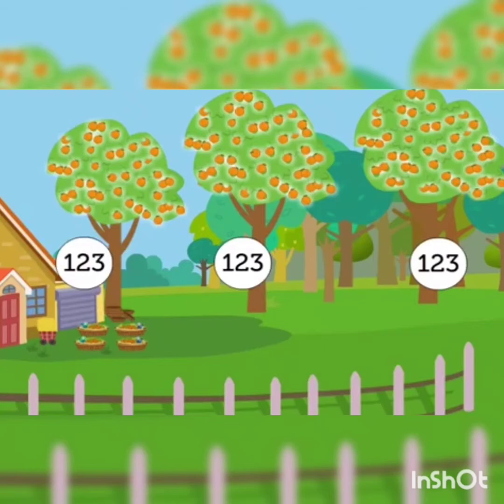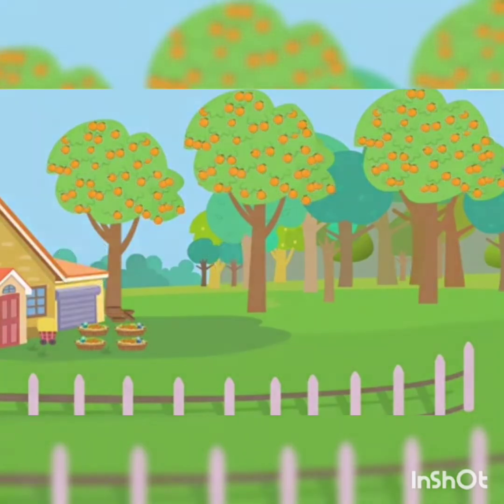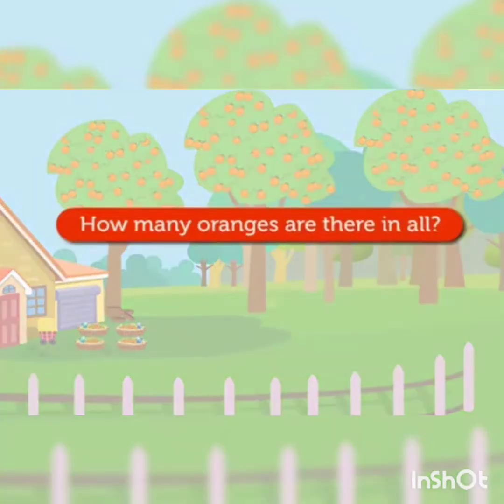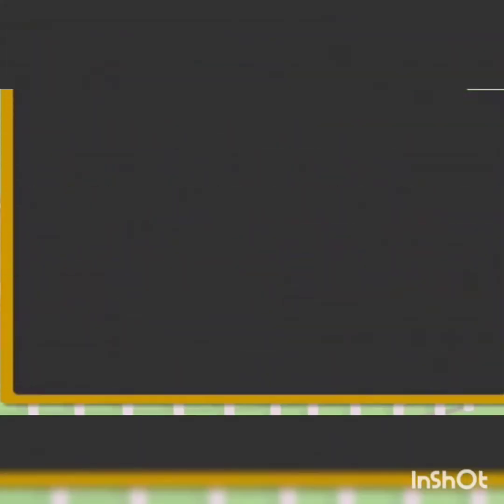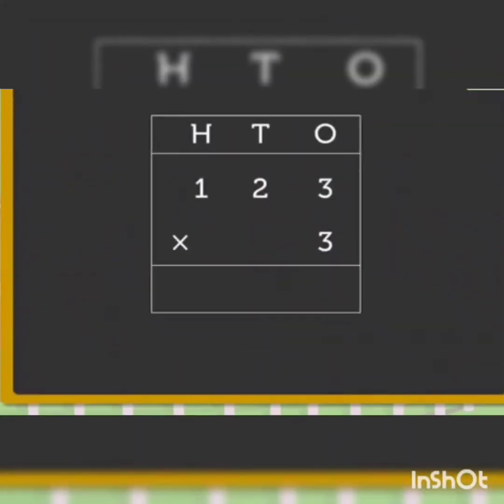Here we can see there are 3 orange trees and each orange tree carries 123 oranges. So we have to find out how many oranges there are in all. First you write the numbers on the basis of their place value chart. Here 123 is the multiplicand and 3 is the multiplier.